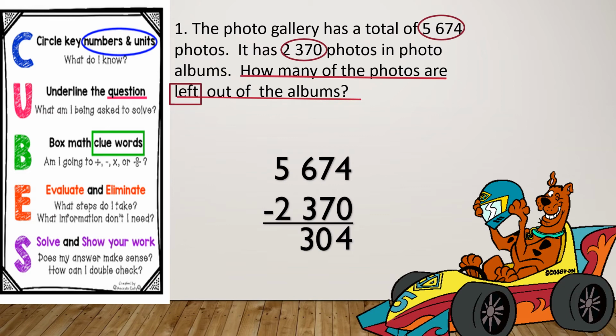And then we'll move to the thousands. 5 take away 2 gives us, that's right, 3. And so the difference is 3,304 photos. You guys are really, really smart. Kiss your brain.